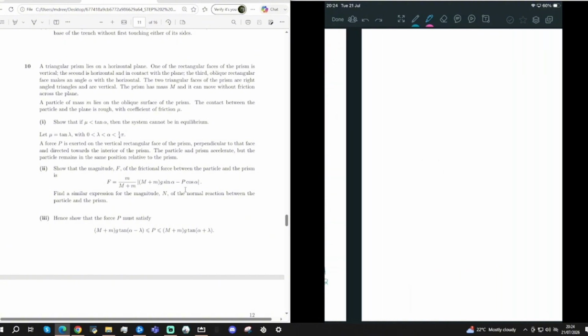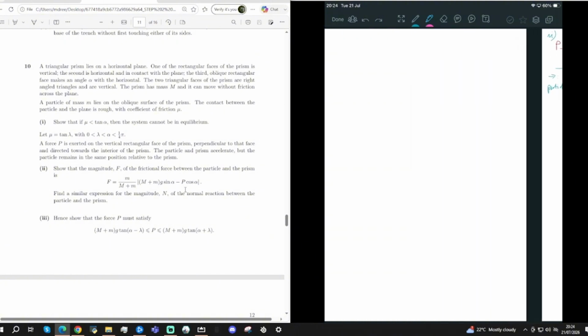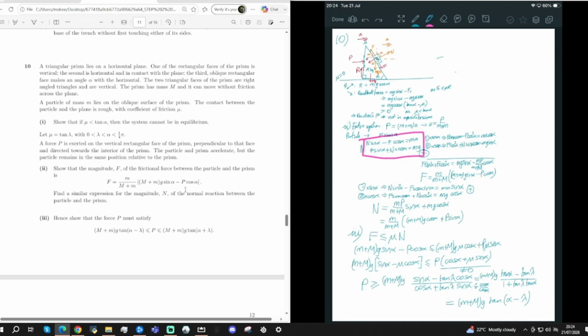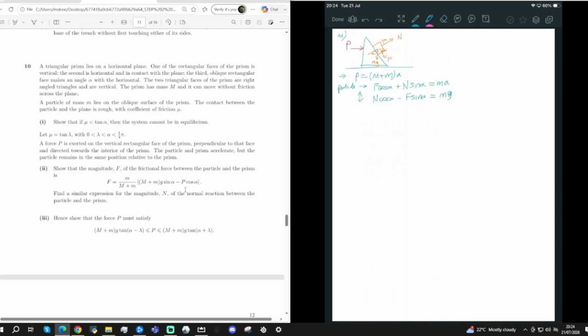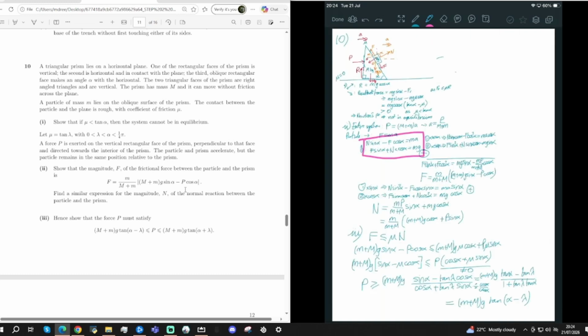And in the second one we have the N cos, but the F sign has swapped. So in both cases the magnitudes are just equal.